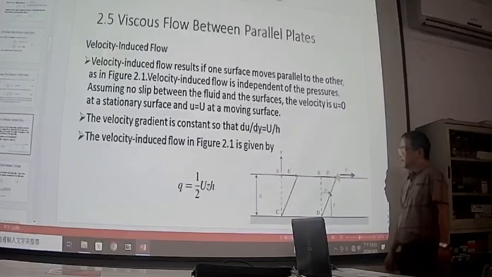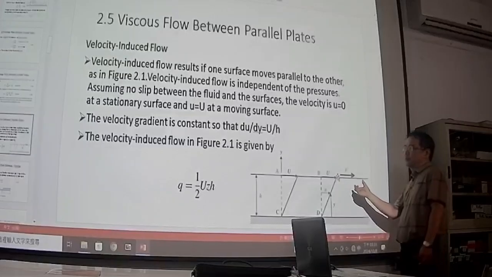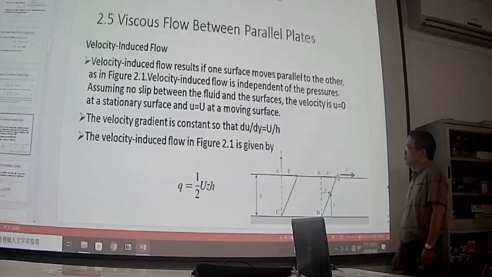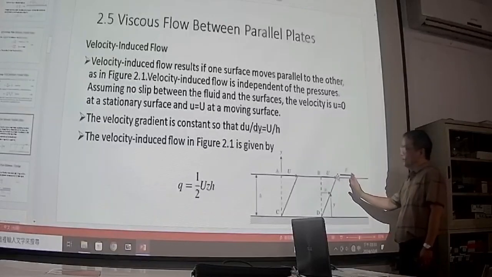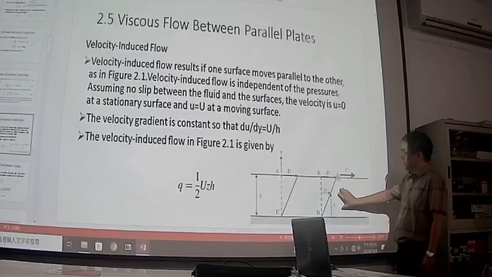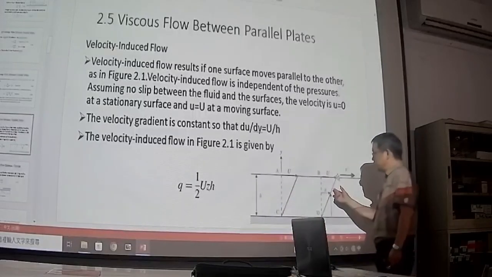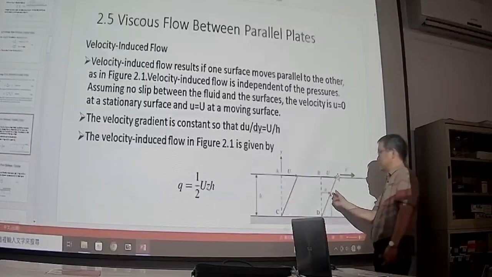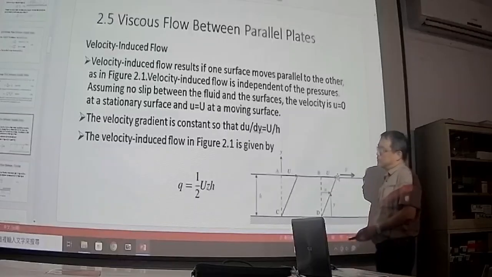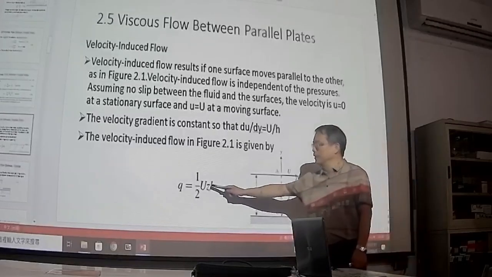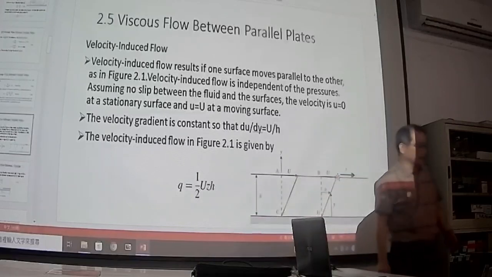The velocity is multiplied by the area of this plate, the height and the width. The height is h. The width in this z direction is v. So the flow rate in this case is this one.